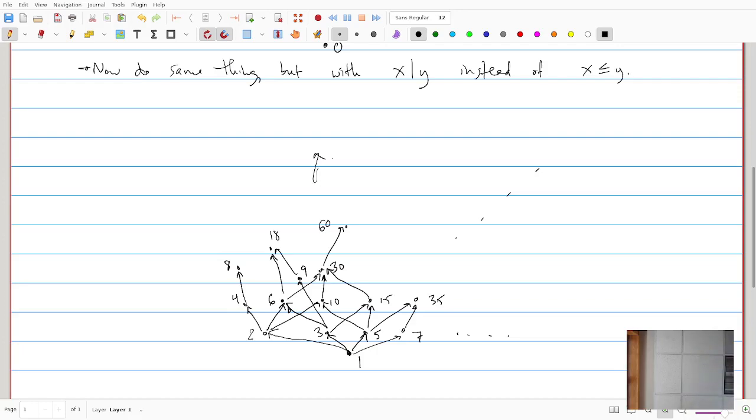Where do you think 0 should go in this picture? Yes, it doesn't divide into anything, that's true. What else?